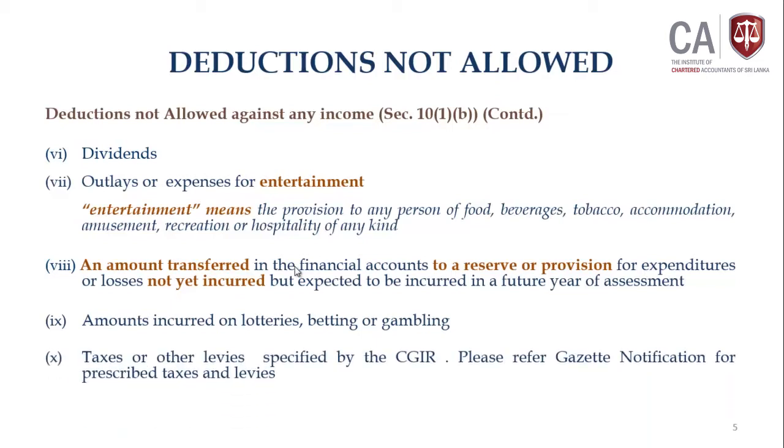The final item under section 10(1)(b) is the taxes or levies specified by the Commissioner General. We already discussed that income tax payable under the Act is not an allowable deduction. What about the other taxes like value added tax, nation building tax, economic service charge? You have value added tax, the normal VAT and the VAT on financial services, NBT, the normal NBT and the NBT on financial services.